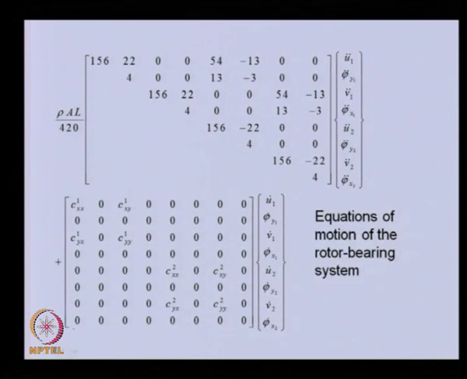Now, because both the equations have a similar stacking of the field variables, we can combine them. So, this is the mass matrix as we had earlier, and this is the bearing damping terms. You can see we have just added them, because the order of these field variables is the same.